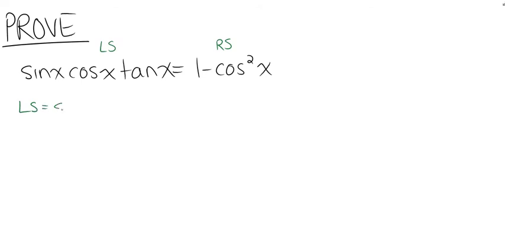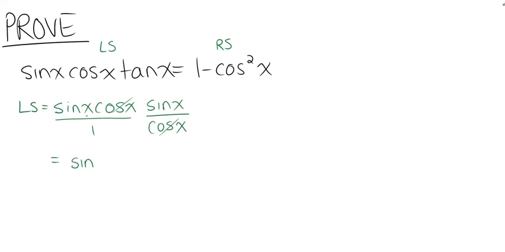And the first thing I think I'll do is sub tan x out for sine over cos, because I notice I don't have any tans on my right side, so I might as well just get rid of it. Okay, so in doing that, right away I notice, because this would be like over 1, that my cos cancel out, leaving me with a sine x, which I know is sine squared x.